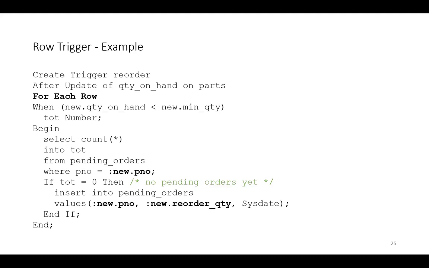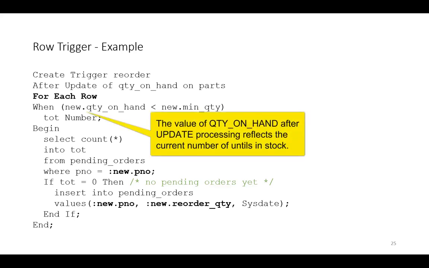More precisely, our goal is only when the quantity on hand has fallen below the minimum quantity. And notice we use new. This is the correlation variable. New.quantity on hand. This will be the quantity on hand that is the result of the update processing. It's the after image. And once that falls below whatever the minimum quantity is, then this trigger will fire.